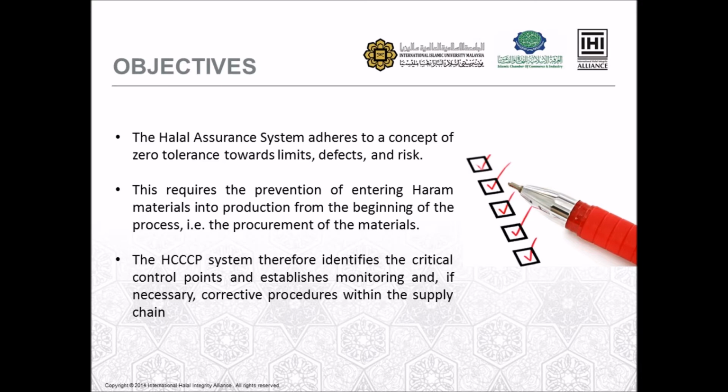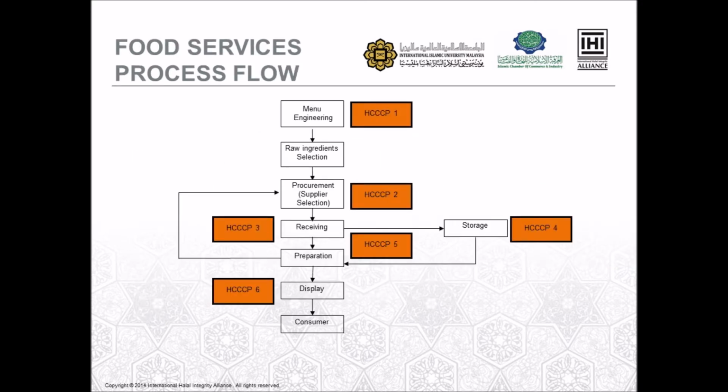The objective is to identify the critical control point and establish the monitoring and, if necessary, corrective procedure, corrective action within the supply chain. This is almost the same as hazard analysis critical control point. You need to identify the critical control point, establish the monitoring, and so on. Corrective action.